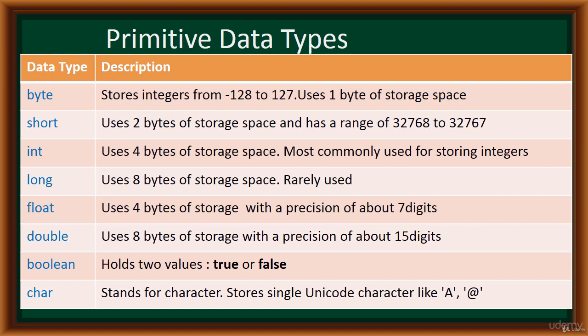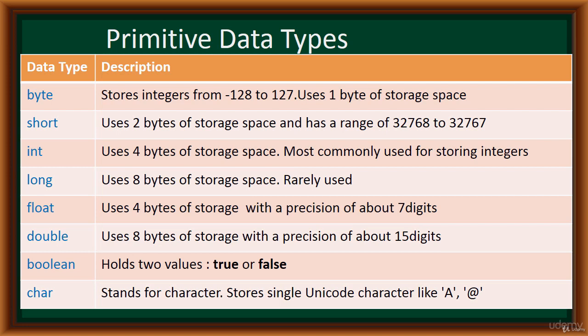So the first 4 data types are used to store integers. Then we've got the bottom 4, which are used for storing floating point numbers, that is numbers with fractional parts. They include the float.